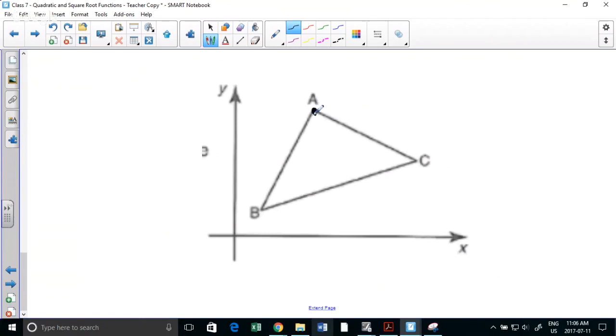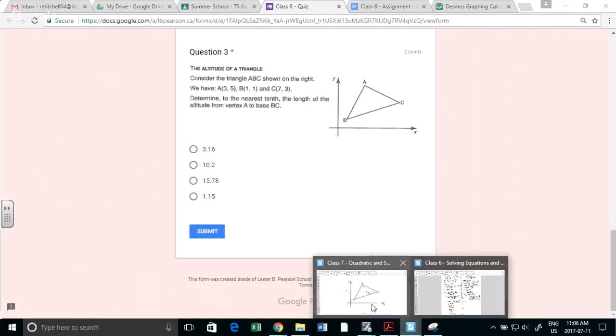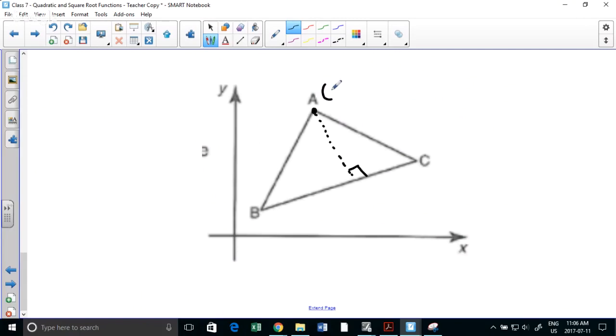So they want the altitude here. You're given the coordinates of A, 351173. So it's the exact same steps. Find the equation of this line. Convert to general.